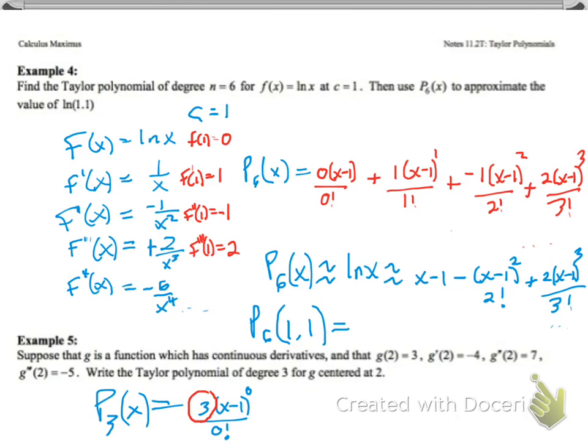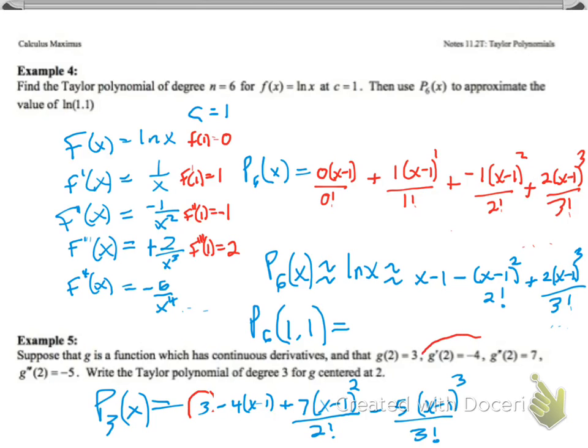Then the second term is going to be the negative 4 that we got from g prime of 2 that you see over here, times x minus center to the first power over 1 factorial, which I'm not writing in there, so you're welcome to put those in. Those are all things you can add if you like. Then the next term is 7, the g double prime, the second derivative, times x minus the center to the second power.